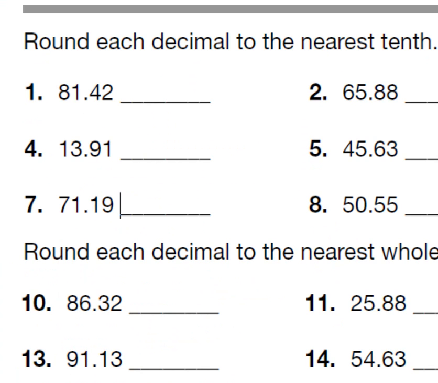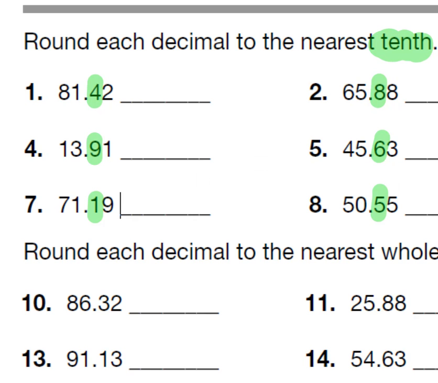Now let me go ahead and do a couple of the problems with you. I'm going to look at number 1 here. Make sure you read the directions, because for numbers 1 through 9, you're rounding to the nearest tenth place. So you've got to make sure that on all of these, you mark the tenths place.